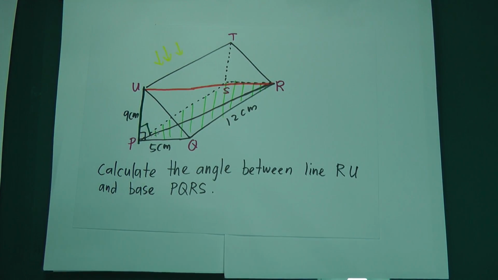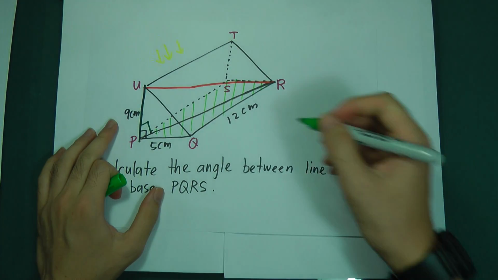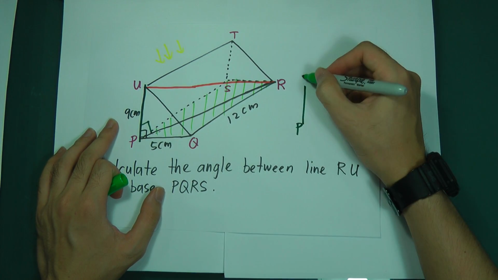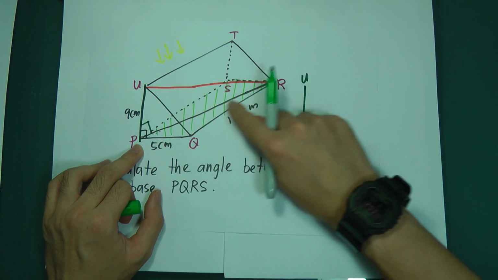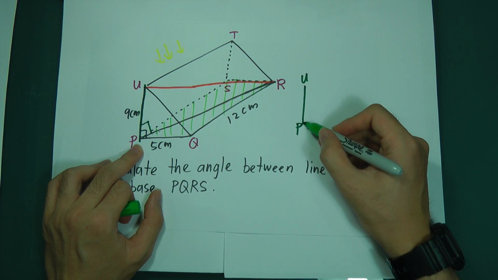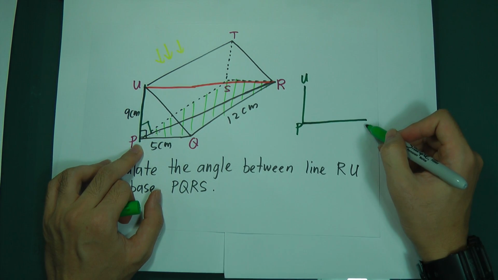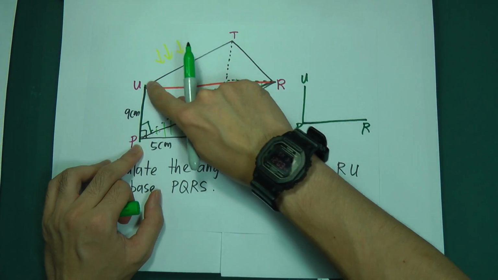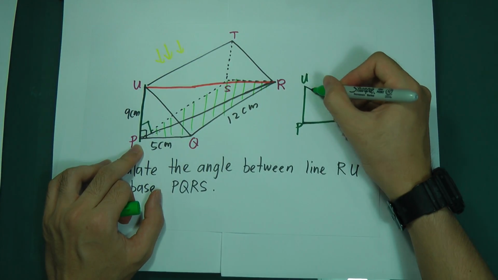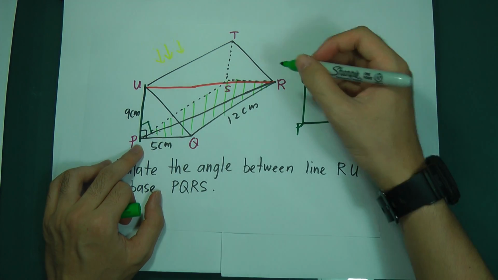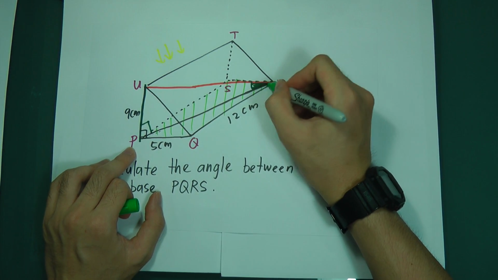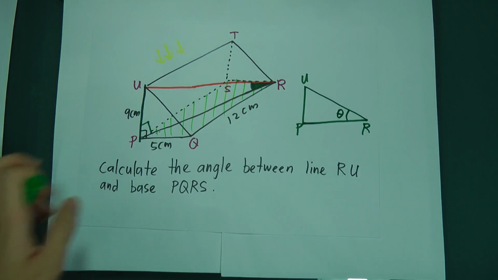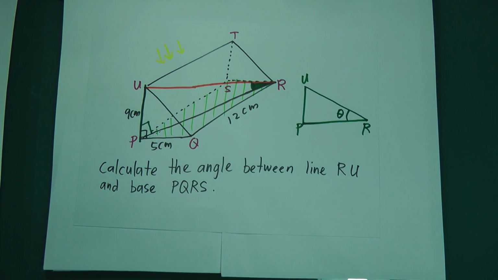If I draw out the triangle, this one is PU, and then I got this shadow line, which is a straight line because it's on the base, P to R, PR, and then U to R. Obviously the angle in between is over here. I hope you can understand.